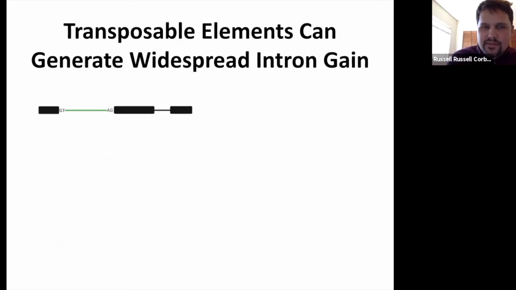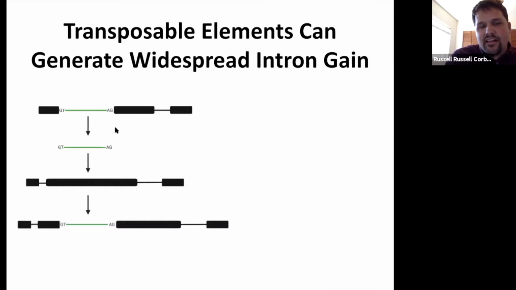The proximal molecular mechanism that I think makes a lot of sense, and that we're working with, is that transposable elements can generate intron gain. And the way this works is, if you have a transcript where these boxes are my exons and these lines are introns, if this green line is a transposable intron, that is, a transposable element that can be cut out of the genome and cut itself back in somewhere else, and it then inserts in a different gene, so you'll see the structure of exons is different, it creates a new intron.